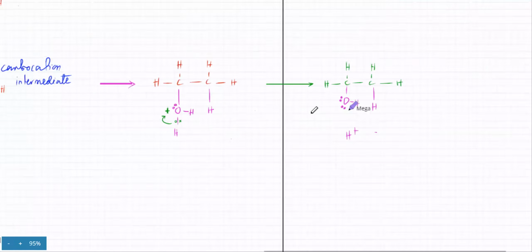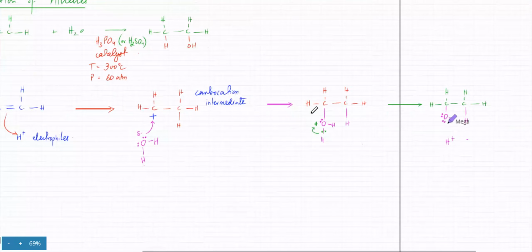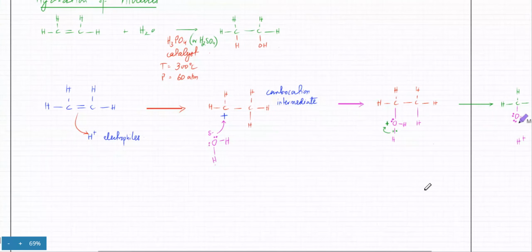So let me just briefly explain what happened here. We just have these extra last steps, which are not very important. H plus one from the acid comes along and pulls the electrons from the pi electron cloud and bonds with it. The carbon gets a positive charge.